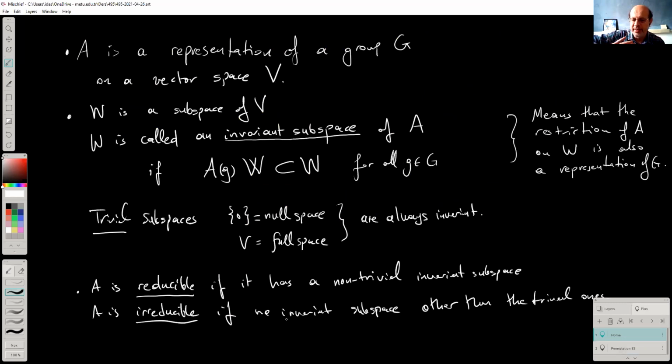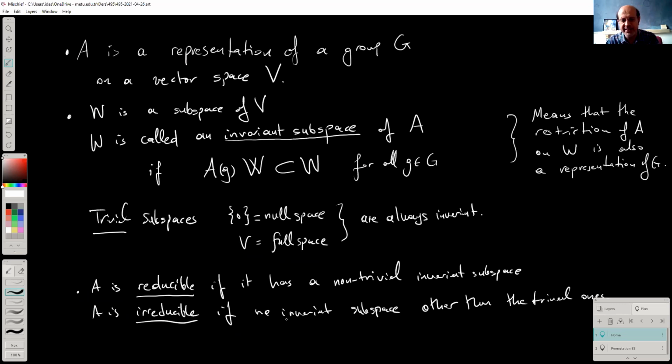Let's just say that when we are talking about an invariant subspace, we forget about the trivial ones, because these are trivial. We call the representation reducible if it has an invariant subspace, okay? And it is irreducible otherwise.